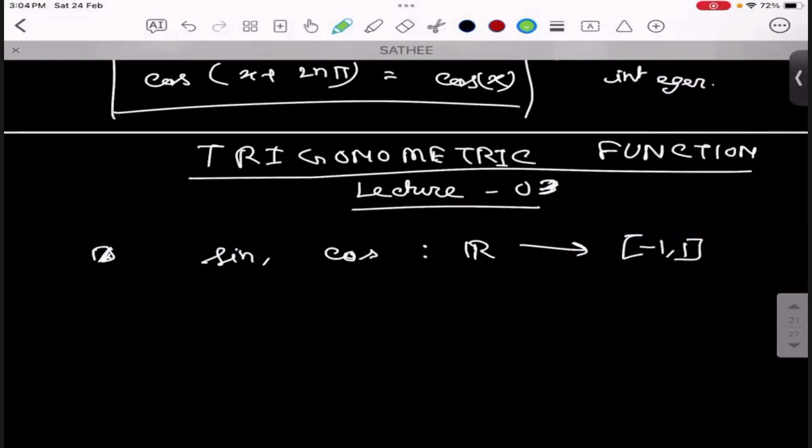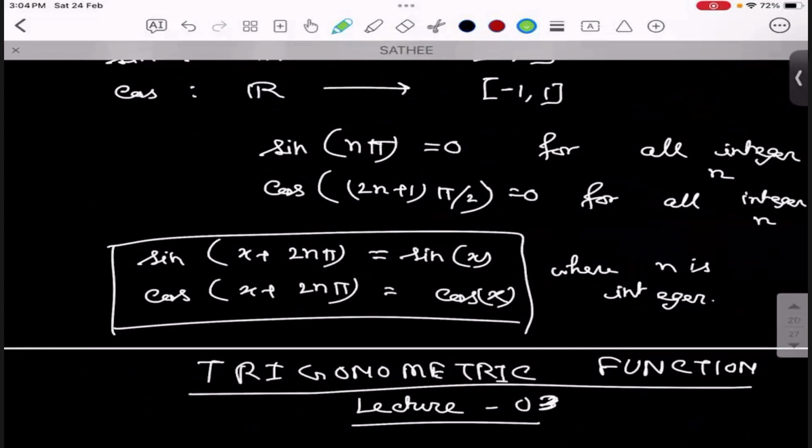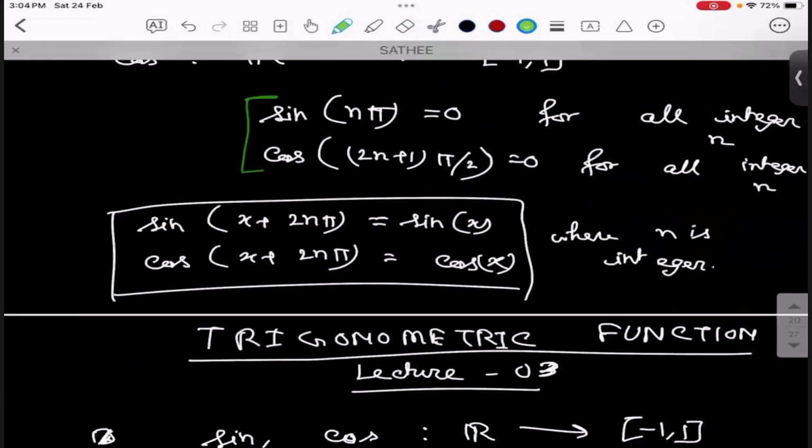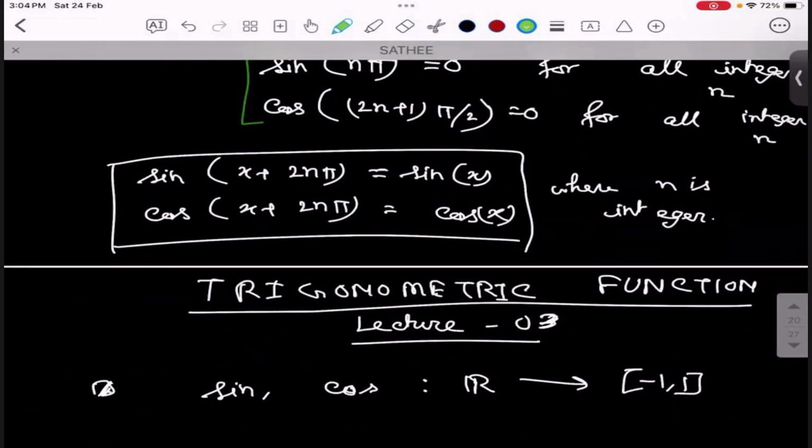Also we have checked that sin x and cos x are 0 for some integer value n, and after that we discussed that after a 2 pi period every value of sin x will repeat. That is, for any x belonging to the real numbers, sin(x + 2n pi) equals sin x.